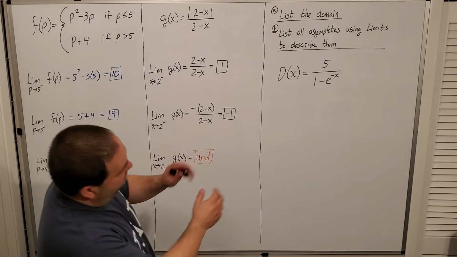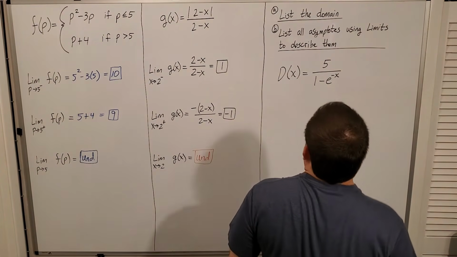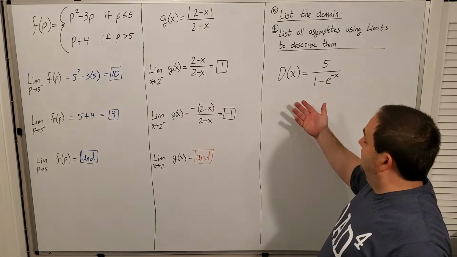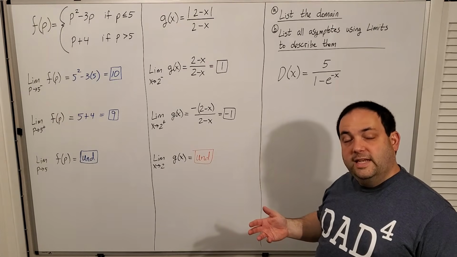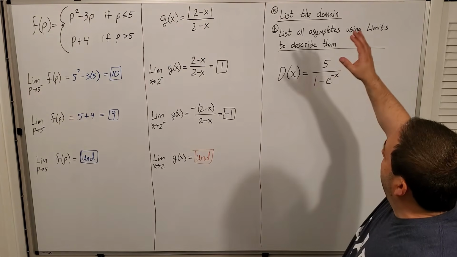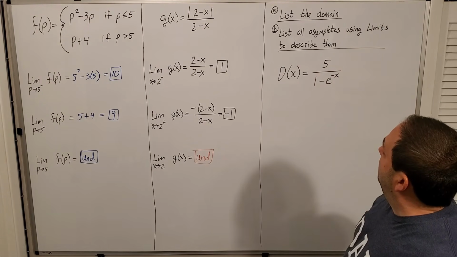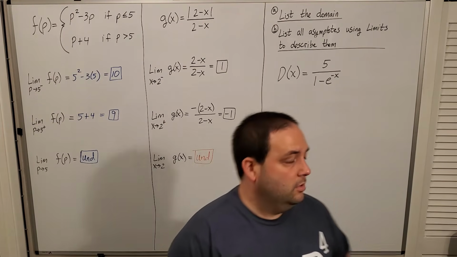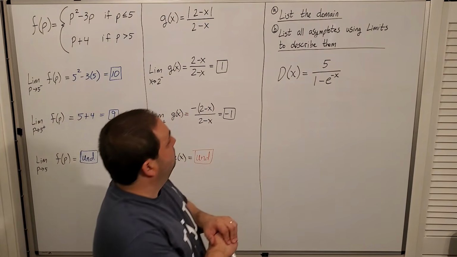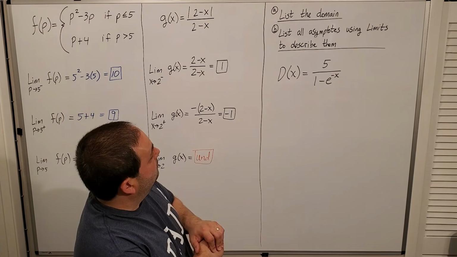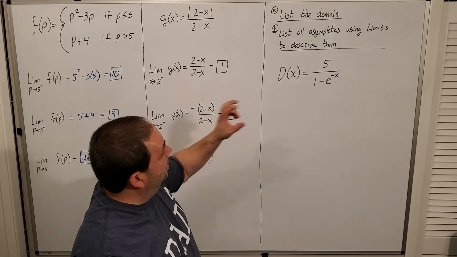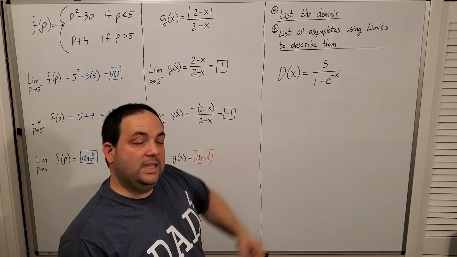Okay, switching gears just a little bit here. We can use limits as tools to help us understand the graph of these functions. I'm going to first start with the domain of this function, and then we need to talk about how to describe the asymptotes of this function using limits.